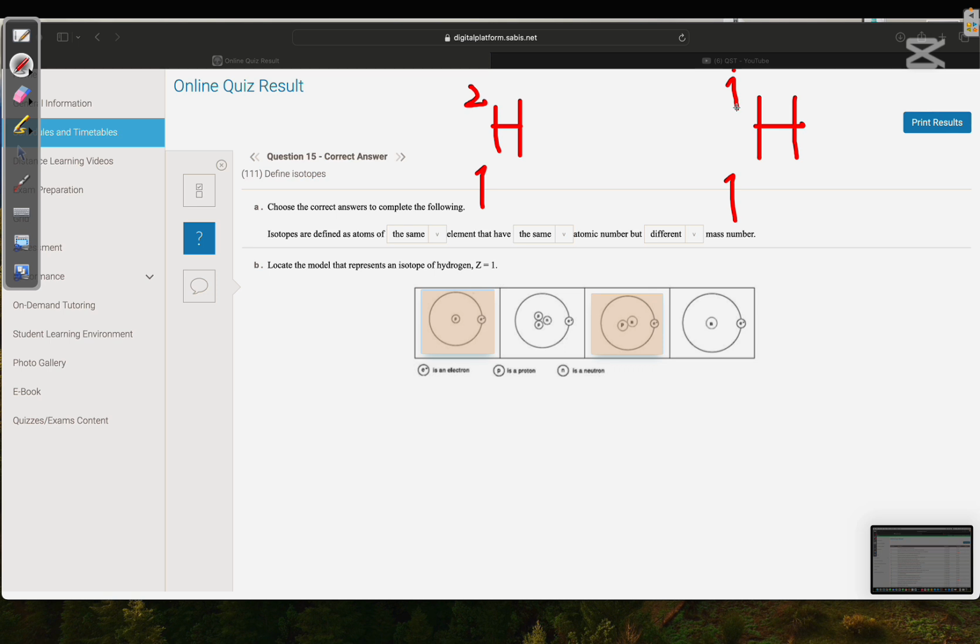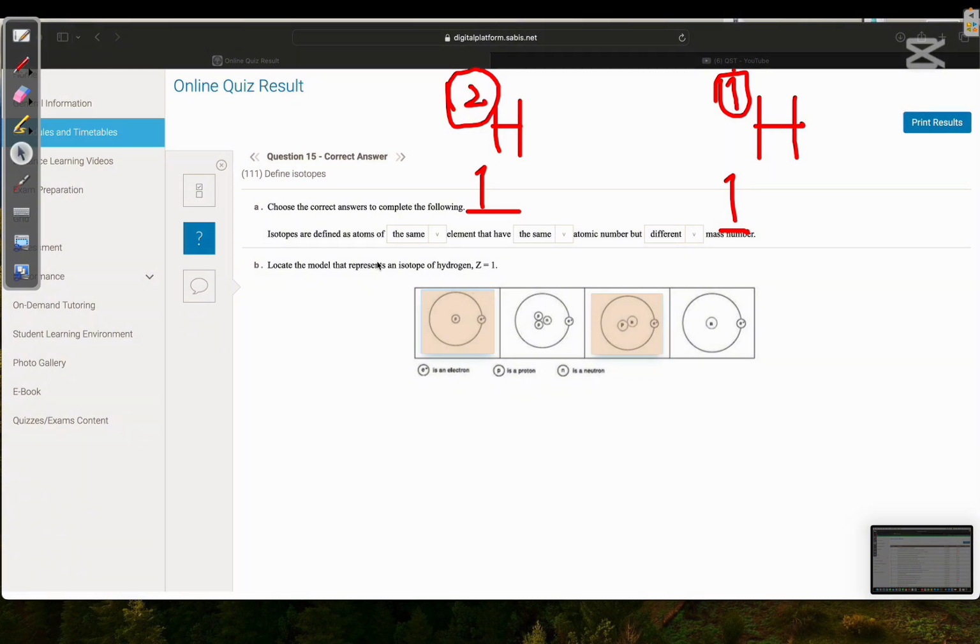These are the same element but have different mass numbers. Oh my god, I keep mixing this up, sorry. They have different mass numbers but the same atomic number.